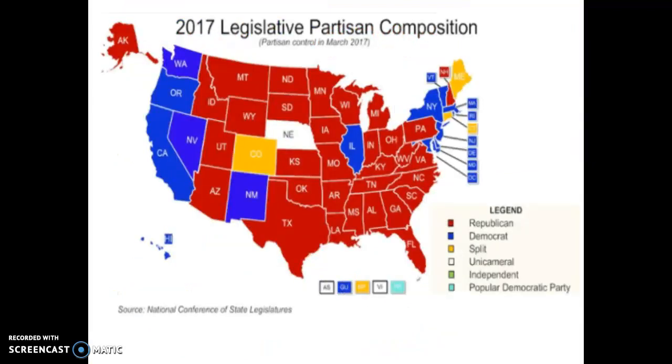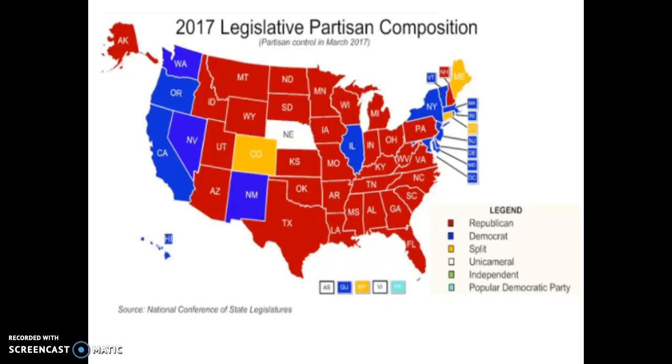All right, this image here just shows the 2017 legislative partisan composition. It shows each state, and it shows their views. So obviously red here is Republican, blue Democratic, yellow would be split, white is unicameral.